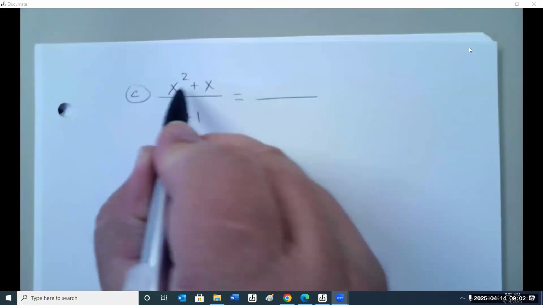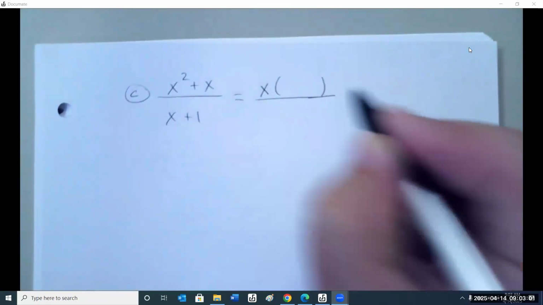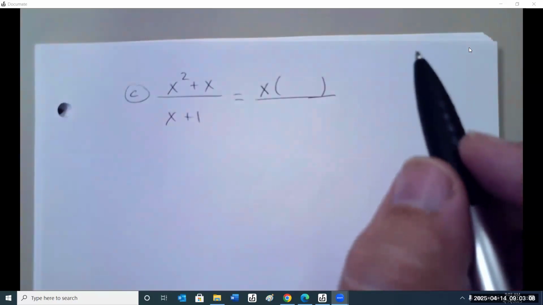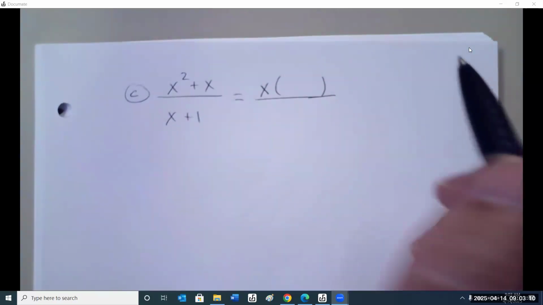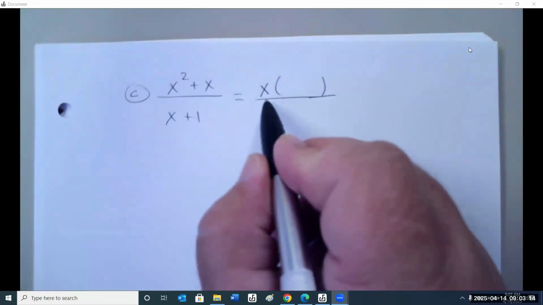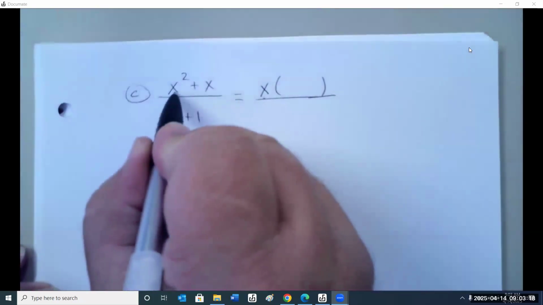They both have an x, so I can take out the x. Now what do I have in parentheses? Because we took away the x, to see what goes in there, whatever we factor out, go back to the original equation.